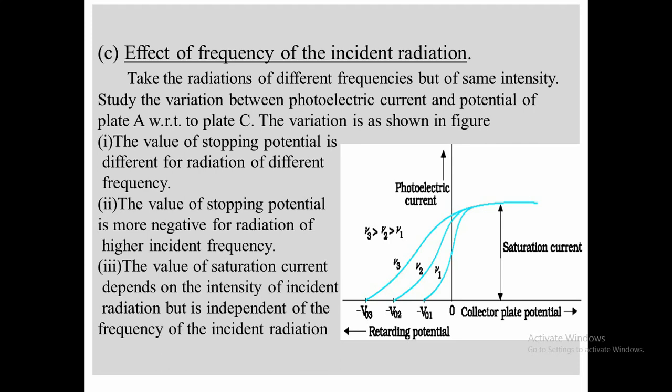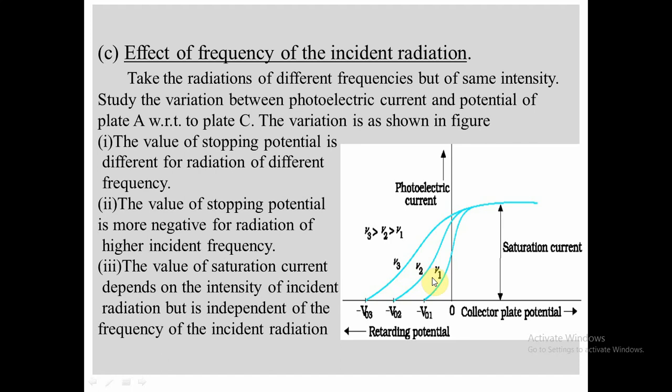Study the variation between the photoelectric current and potential of the plate A with respect to C. Variation can be shown here in the graph. The value of stopping potential is different for the radiation of different frequencies. Here we have chosen different frequencies V1, V2, V3. V1 is less than V2 is less than V3.